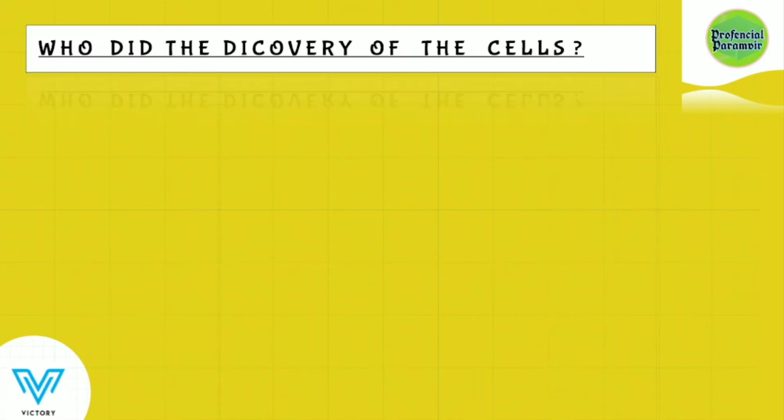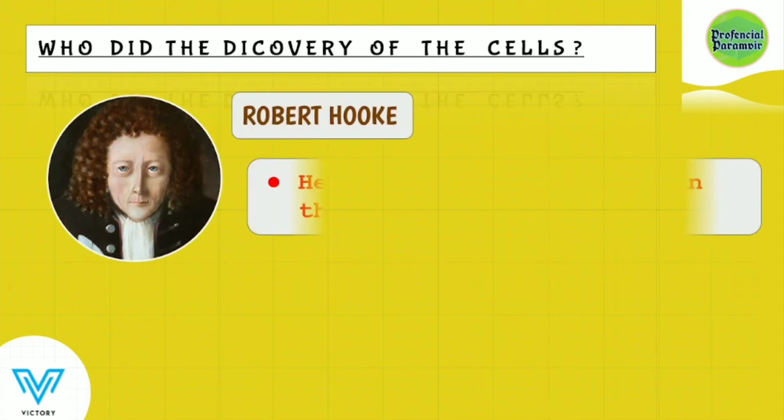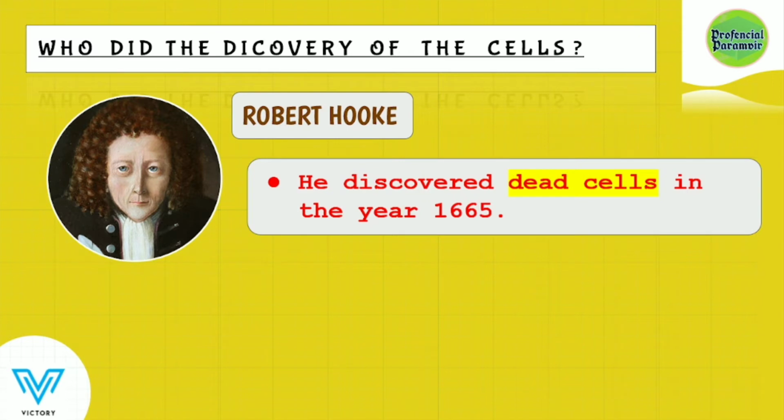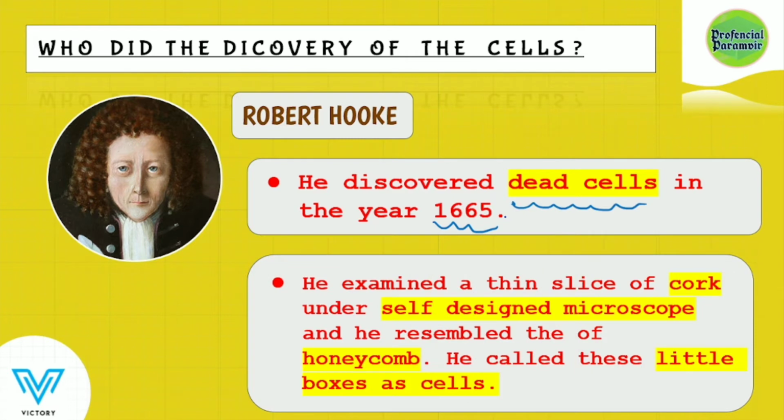Okay, who did the discovery of cells? Let's see. In the year 1665, the scientist Robert Hooke discovered dead cells. How did he discover dead cells? He examined a thin slice of cork.